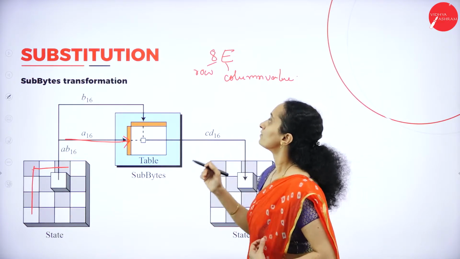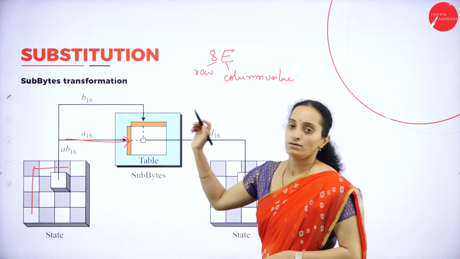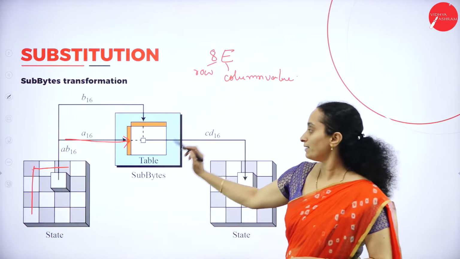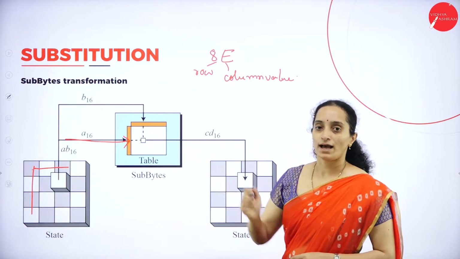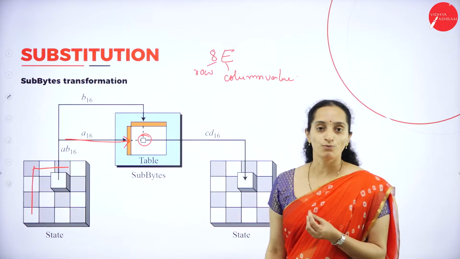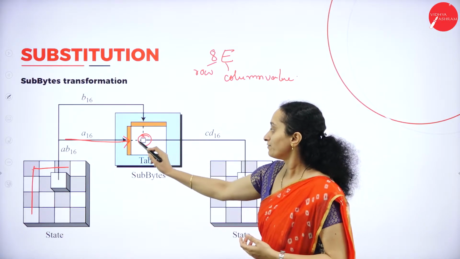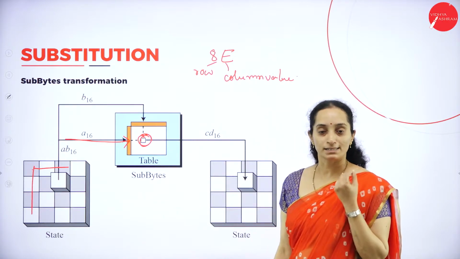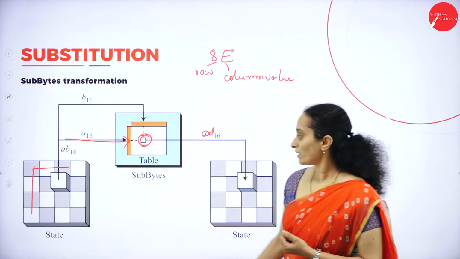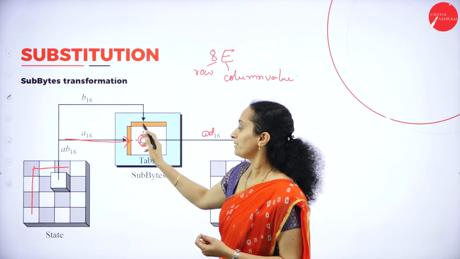So we have 8E, 8 is represented as the row. We have to check for the row value 8 and the column value E. When these both values intersect with each other, this will be the new value that we obtain. If the value in this hexadecimal byte is AB, A is the row value and B is the column value.